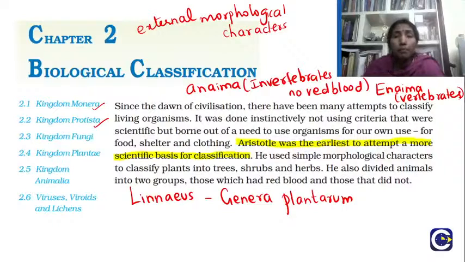He used simple morphological characters to classify plants into trees, shrubs and herbs. He also divided the animals: those which had red blood were called Enaima, and those that did not were called Anaima. Like that the classification was made.